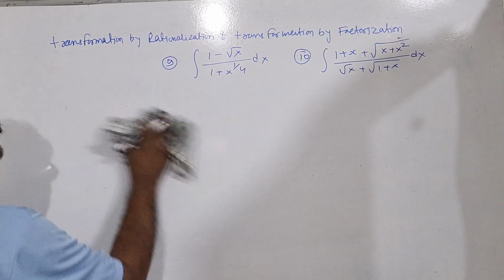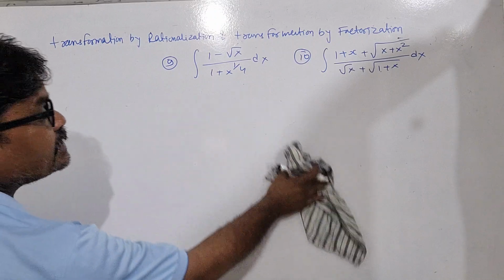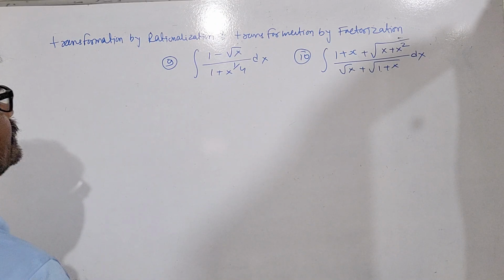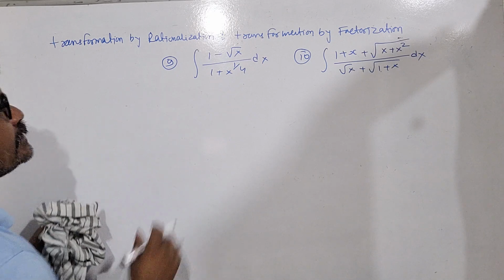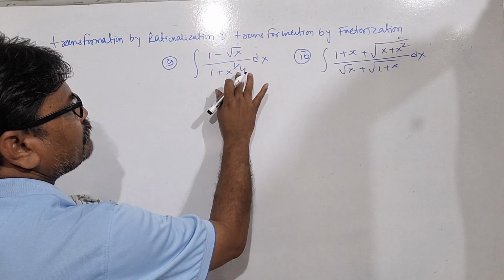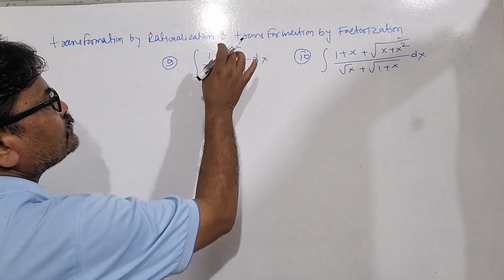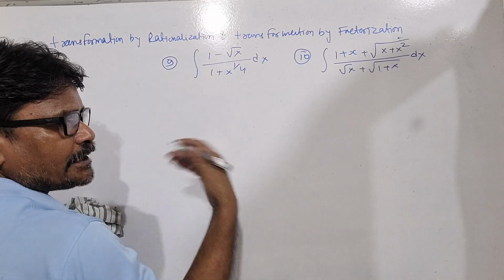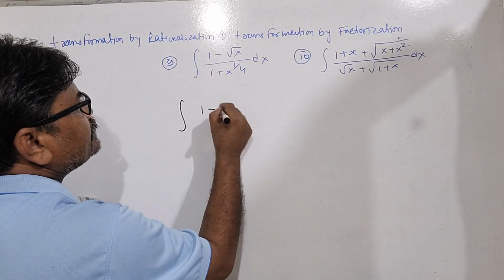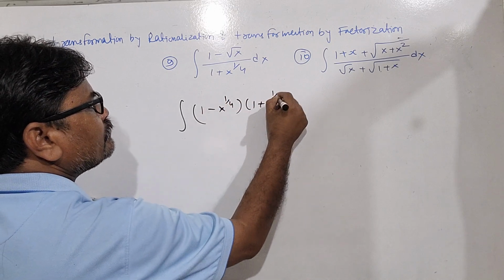What is that? The transformation by using factorization, by using algebraic identities, that is very important. See here in this question, integration of 1 minus root x over 1 plus x to the power 1/4. See, x to the power 1/4 and this is x to the power 1/2. So this can be factorized by using a plus b into a minus b: 1 minus x to the power 1/4 into 1 plus x to the power 1/4.